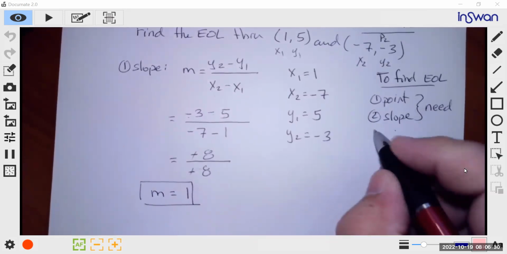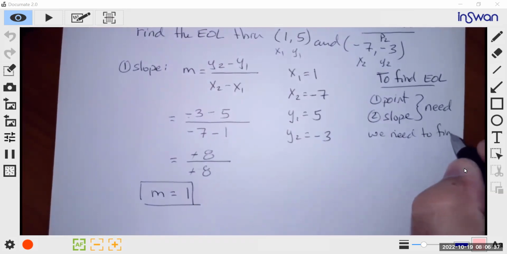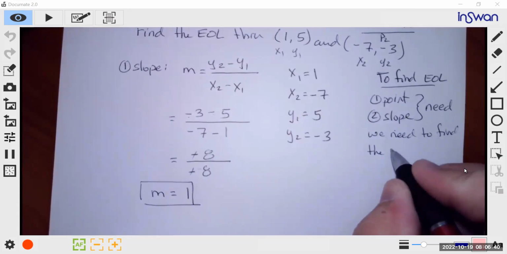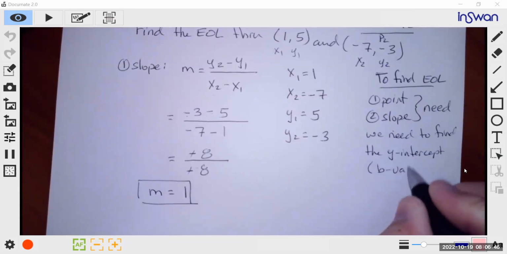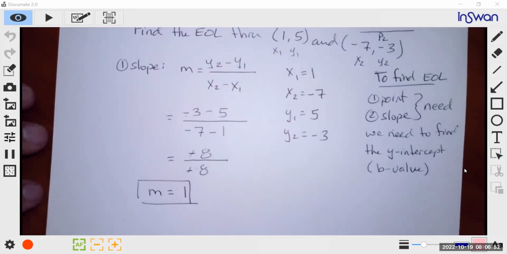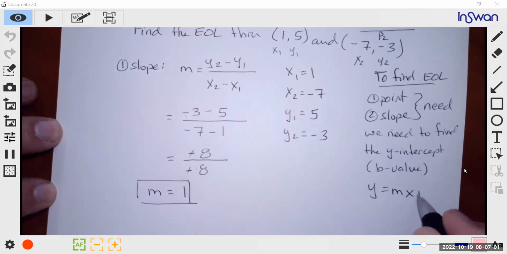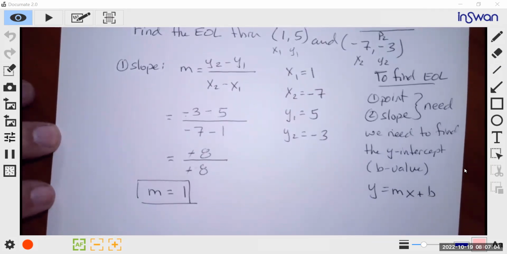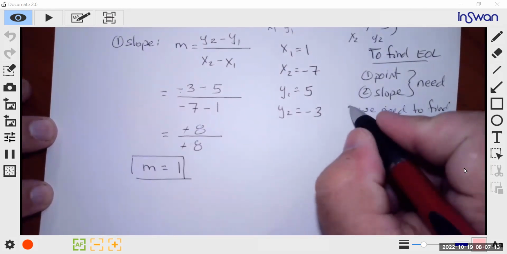So we found the slope. We need to find the y-intercept or the b value of this equation. y equals mx plus b. So how do we do that? This is step 3.